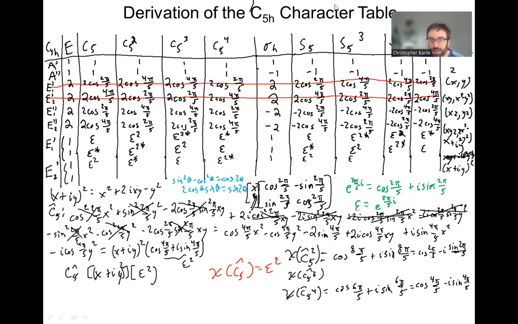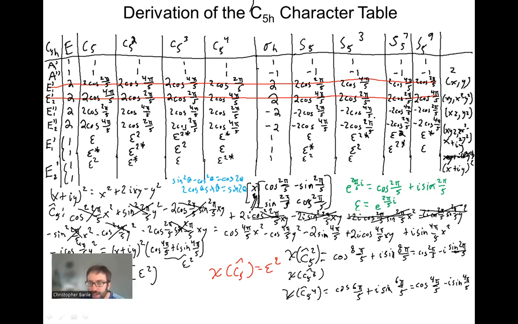And then here, sorry, running out of room. Here, S57 is the same as C57 times sigma h. Sigma h goes away because we don't do anything. C57 is the same thing as C55 times C52. And C55 is identity, a 360-degree rotation, so that goes away.